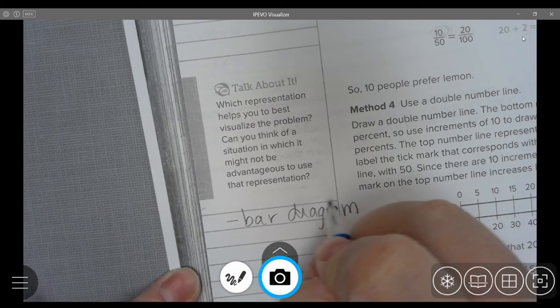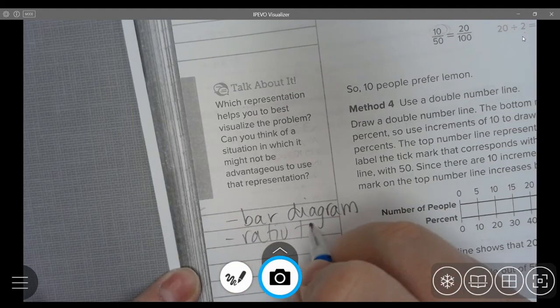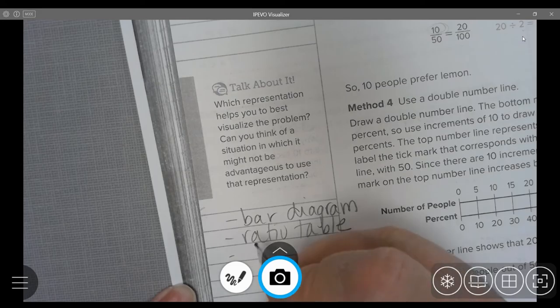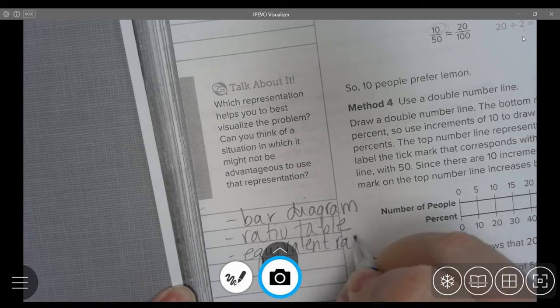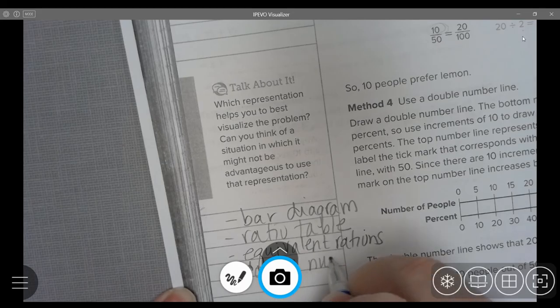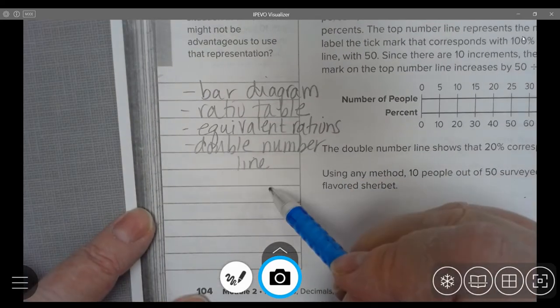These are the 4 possibilities: ratio table, equivalent ratios, and double number line. You can choose which one helps you best visualize and understand this, of the 4 possibilities we just went over.